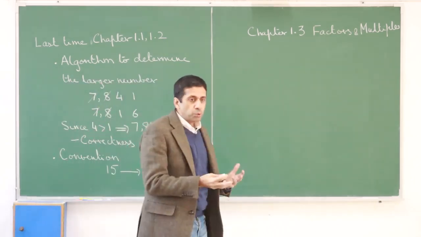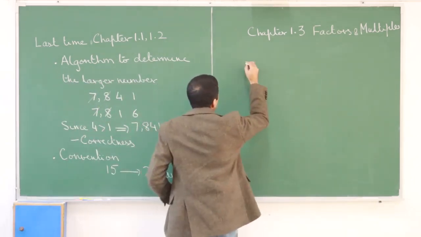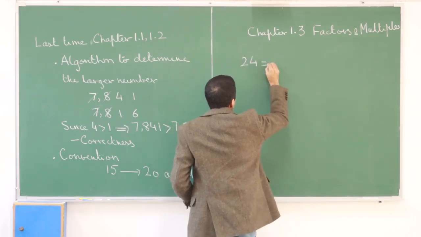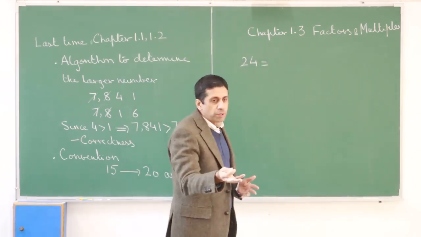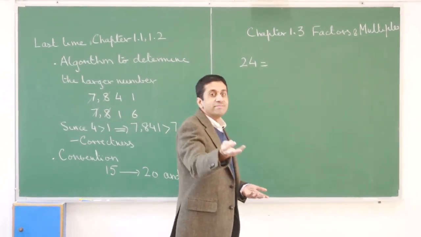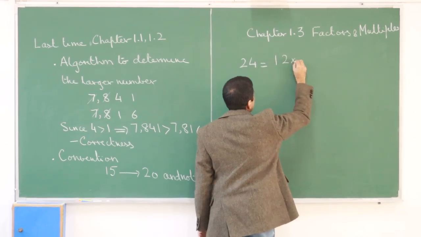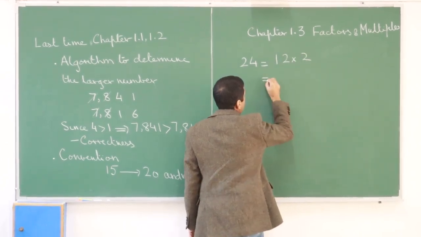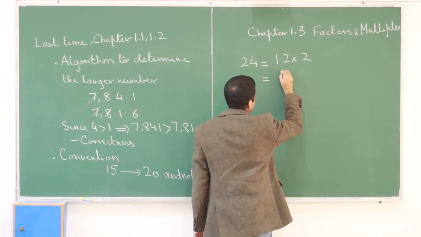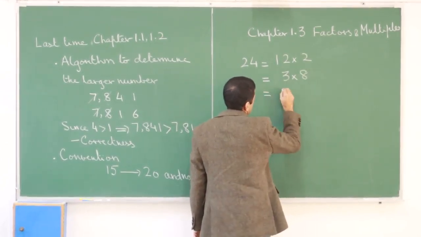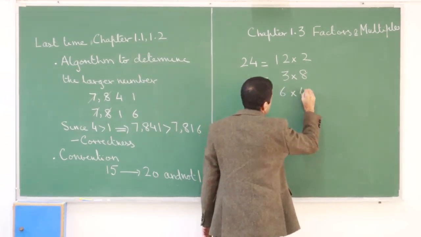Factors are a way to decompose numbers through multiplication. Let's look at an example like 24. Give me examples. 24 is 12 into 2. Anything else? 3 into 8, that's pretty good. 6 into 4. Yes.